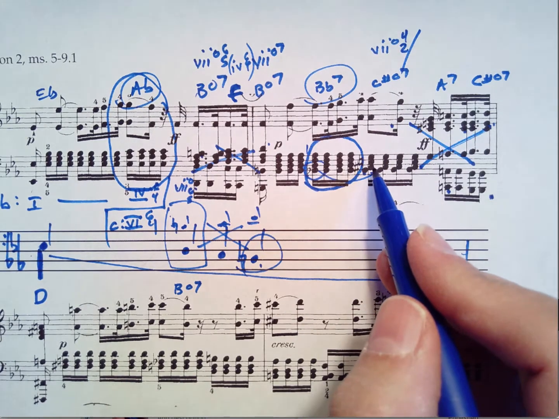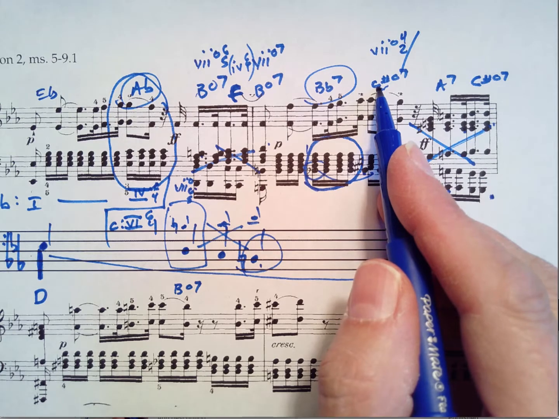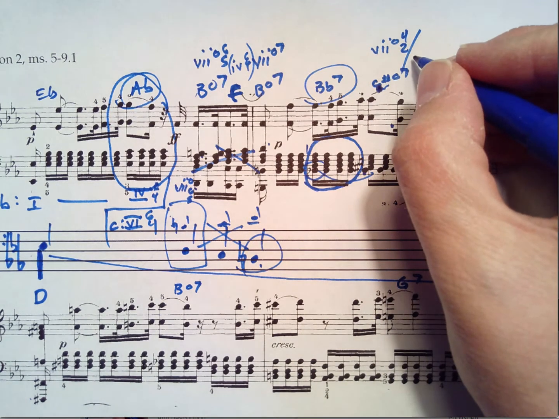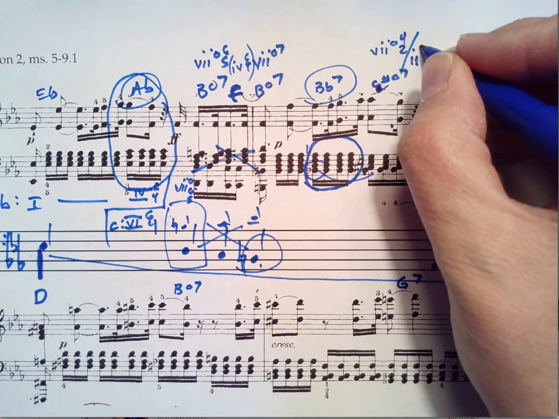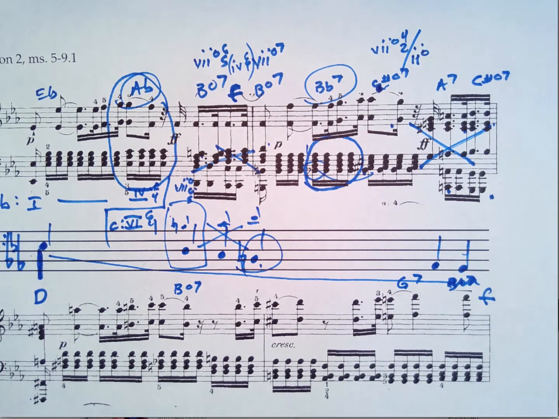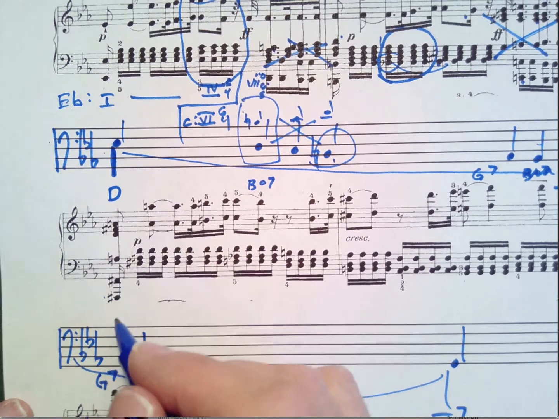Now the root is C sharp. C sharp is a leading tone to D, and D in the key of C minor is 2. Now it's rather odd to tonicize a diminished 2 chord. So let's look and see what actually happens when we get down here.